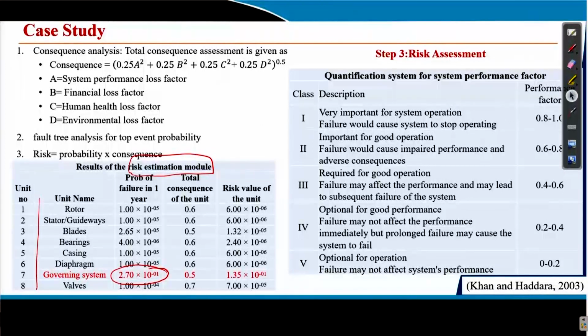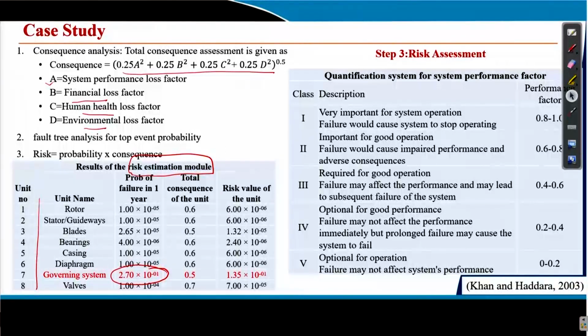Nevertheless, this is one important way of finding the consequence, which is very difficult to get. So, 0.25 A squared, 0.25 B squared, 0.25 C squared plus 0.25 D squared, where A is the system performance loss, B the financial loss, C the human health loss and D the environment loss. These are the major broad categories of loss because of failures that we considered.